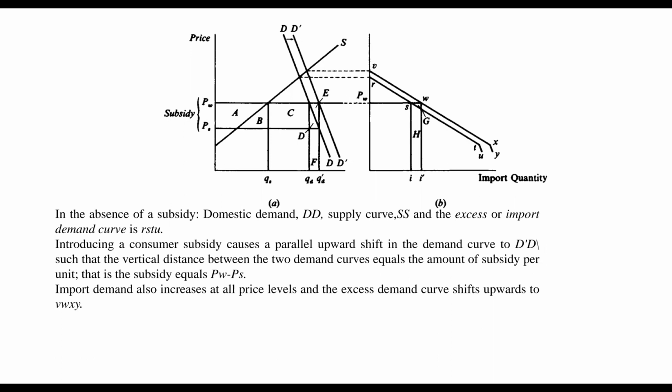So the import demand also increases at all price levels, and the excess demand curve shifts upward to VWXY. As the demand shifts, the excess demand shifts in that same manner.